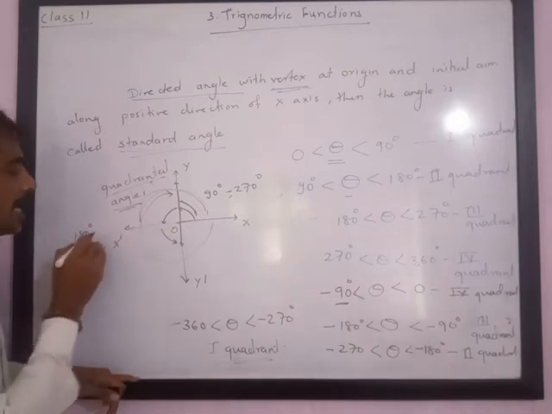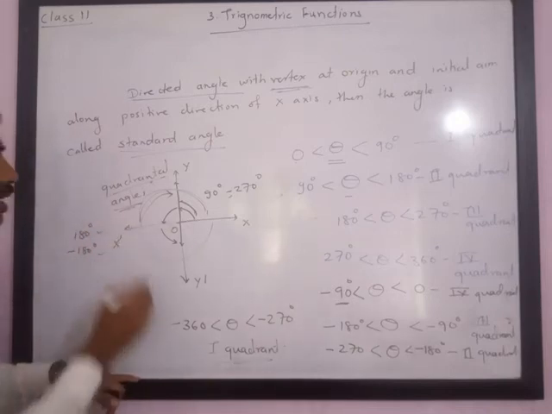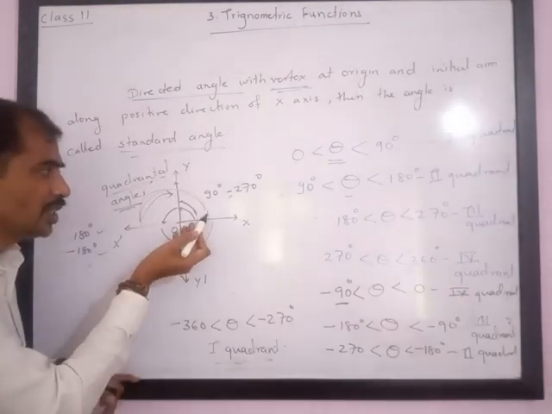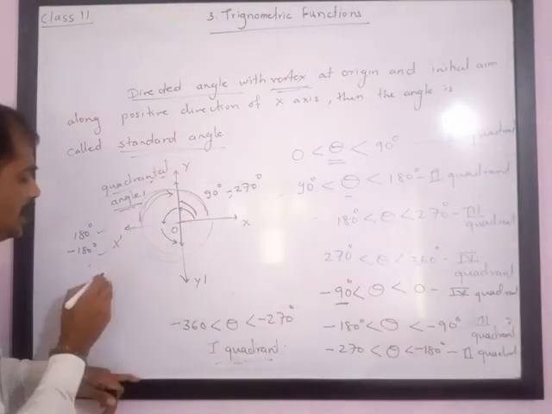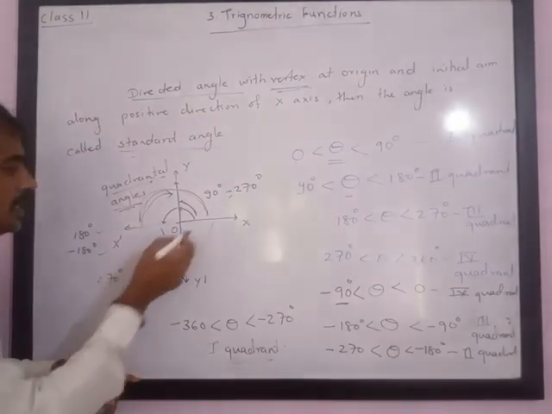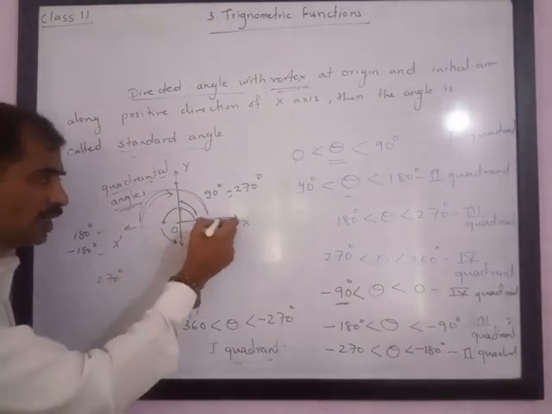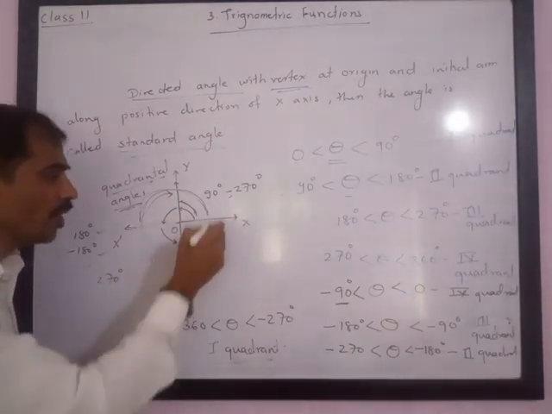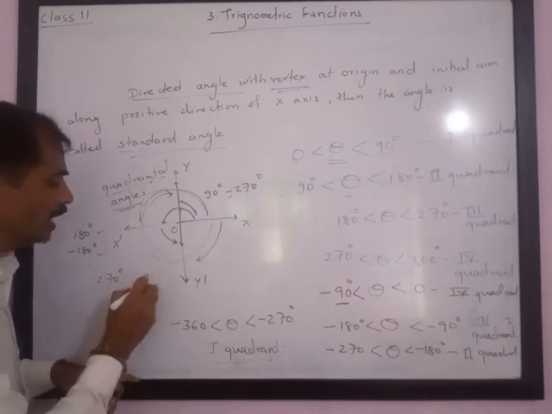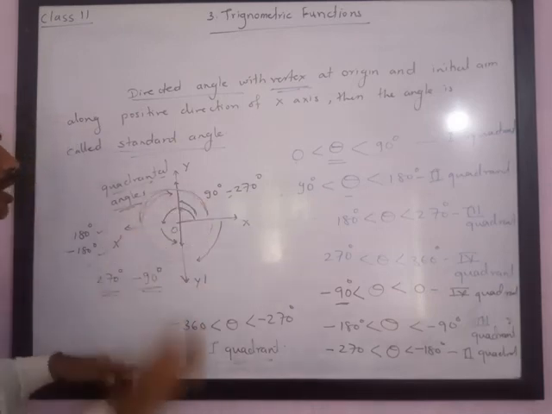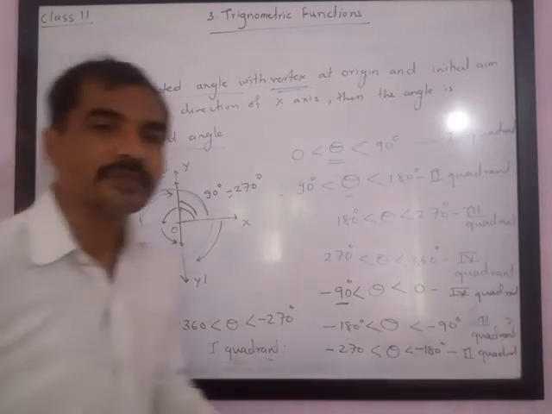Then this angle is also called a quadrantal angle. If the initial arm is rotated by 270 degrees in clockwise direction, or by negative 90 degrees, then also we will get quadrantal angles.